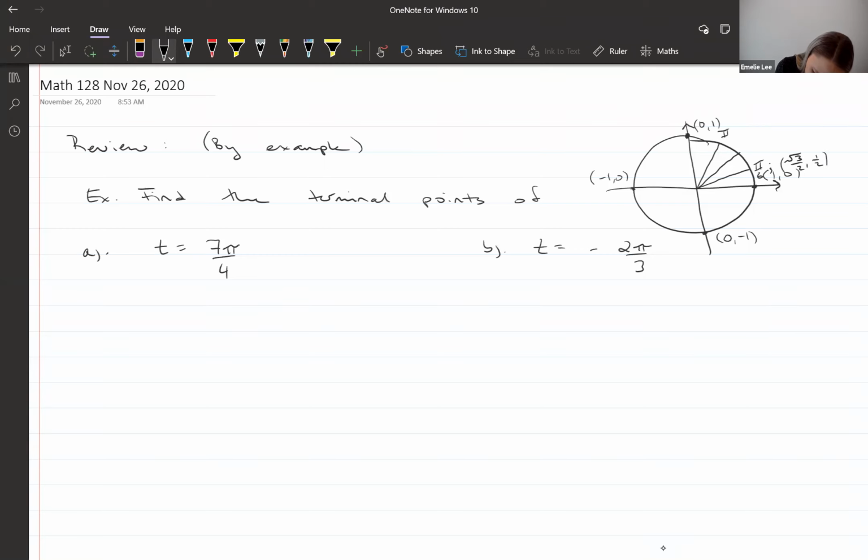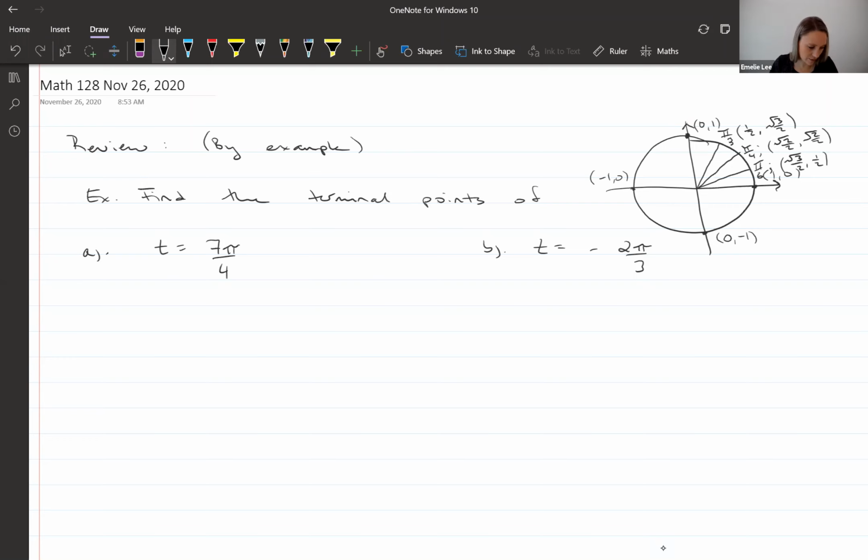And then I know pi over 3 is the switcheroo of those: 1/2, root 3 over 2. And then pi over 4 was at root 2 over 2, root 2 over 2. So we'll just use those as our reference numbers.